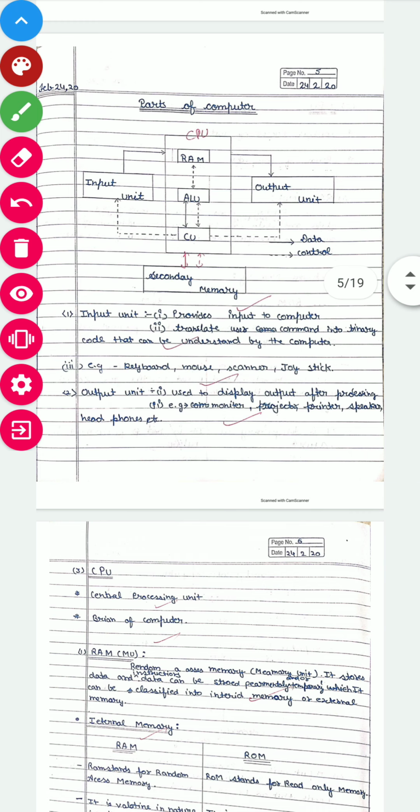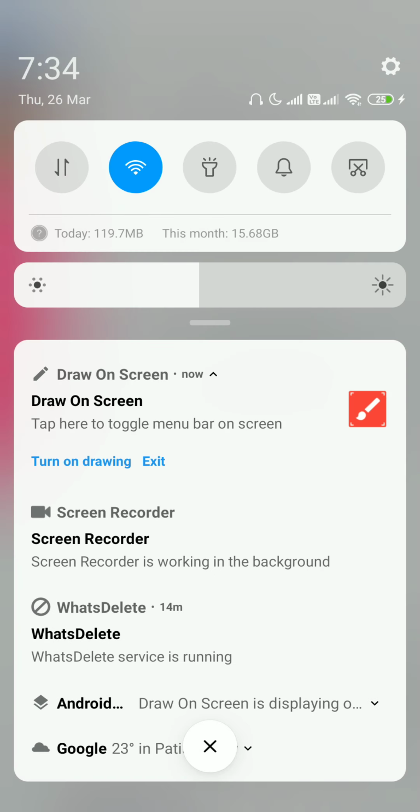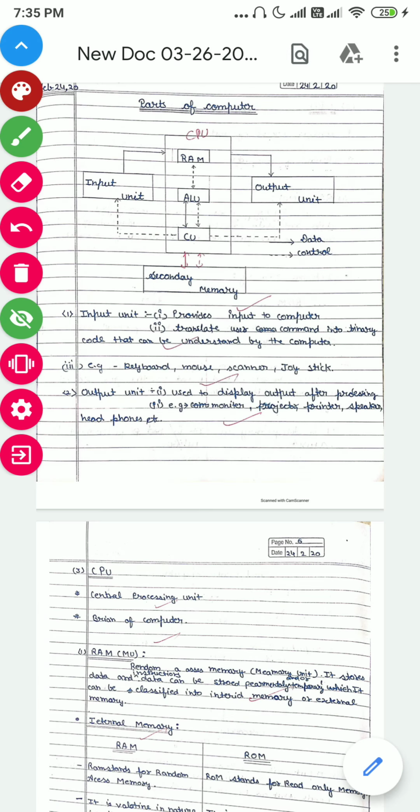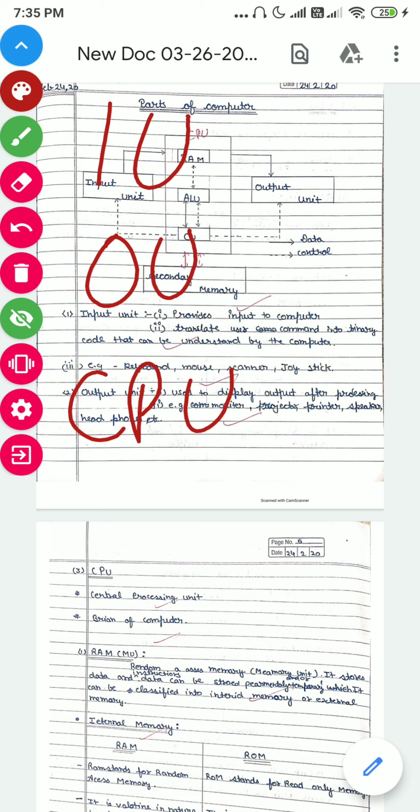Now the second type of categorization is this. We categorize all the components into 4 parts. What are those 4 parts? Input unit, output unit, CPU, and secondary memory. Okay, now what do you mean by input unit? Input unit gives input to the computer, first thing.